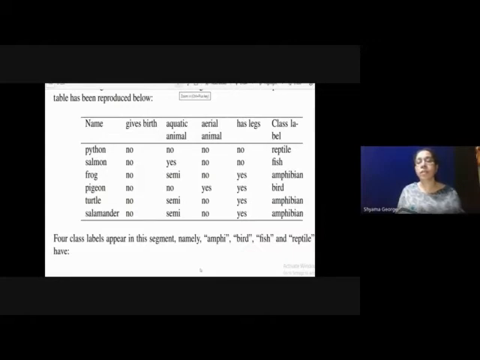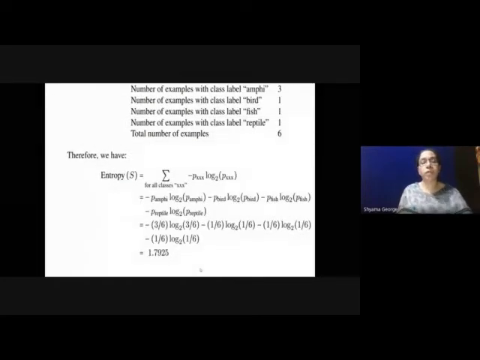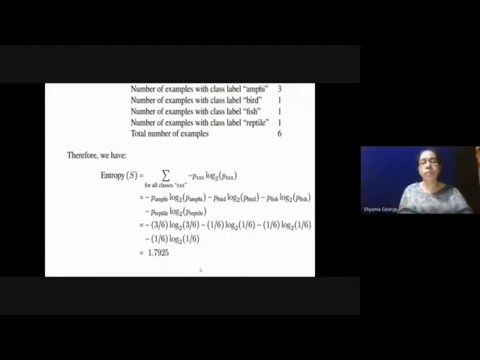You can find out the class label distribution: reptile 1, fish 1, bird 1, and amphibian 3. So based on that, you can find out the entropy value corresponding to gives birth no. So this is the value: minus 3 by 6 log 2 to the base 3 by 6, minus 1 by 6 log 2 to the base 1 by 6, minus 1 by 6 log 2 to the base 1 by 6, minus 1 by 6 log 2 to the base 1 by 6.